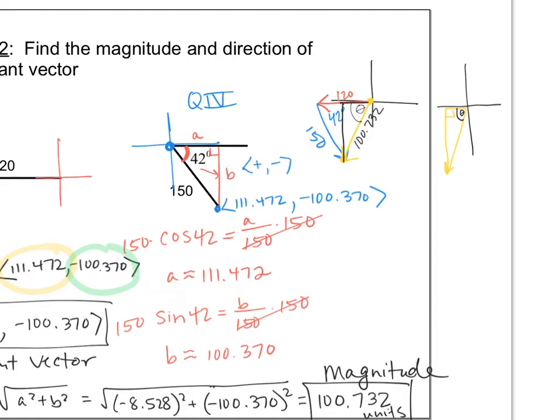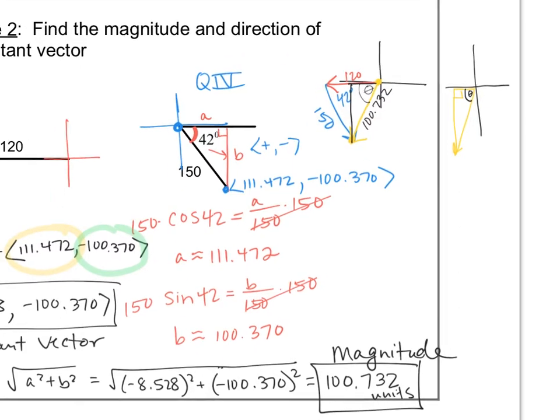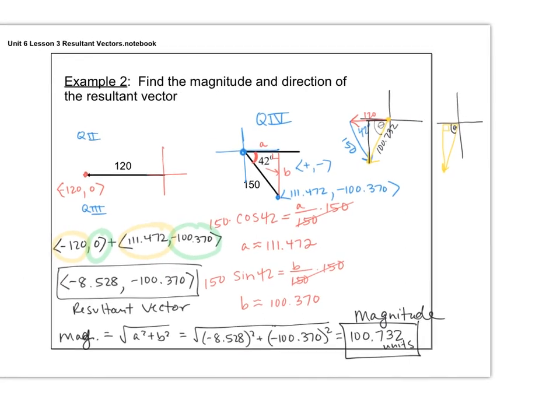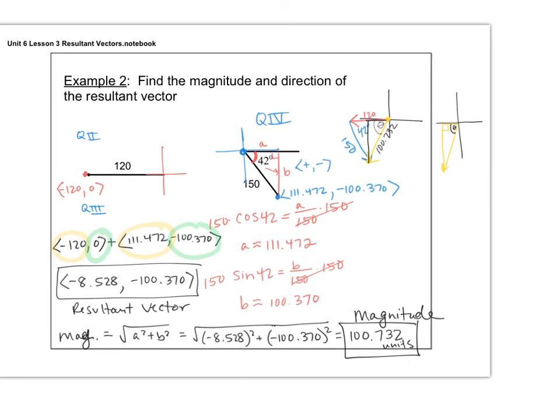Now remember our component. Our resultant component was negative 8.528, so this distance is 8.528 to the left. And then our vertical component was negative 100.370. We know those two amounts. And so what we can do, since they're distances, is we don't really have to think of them as being negative.